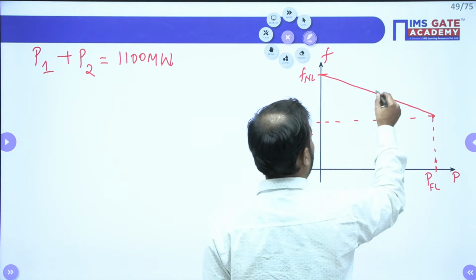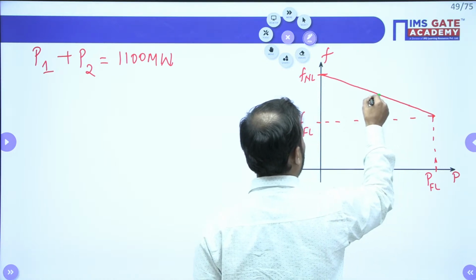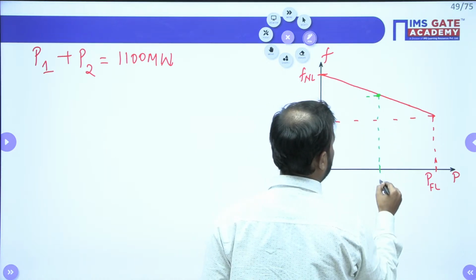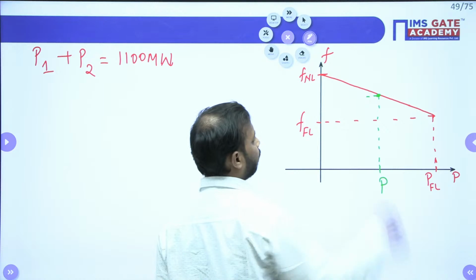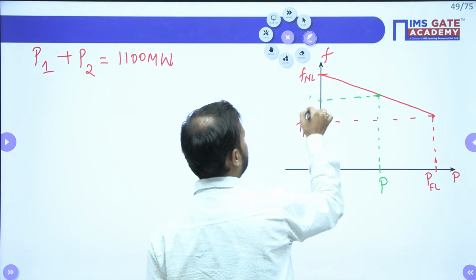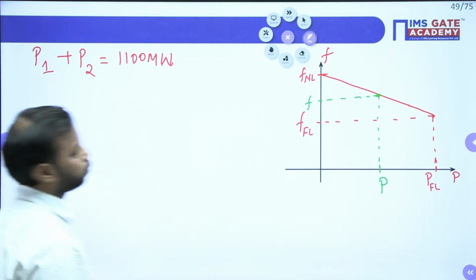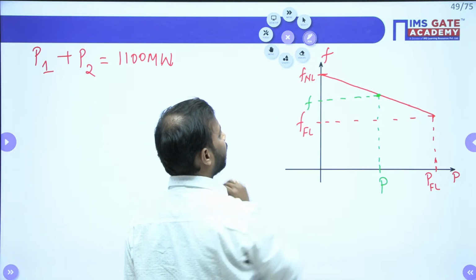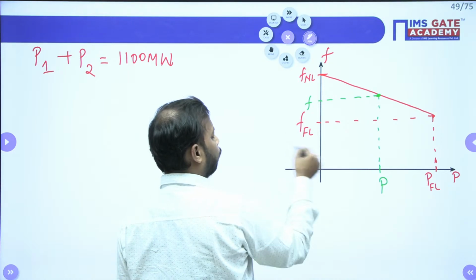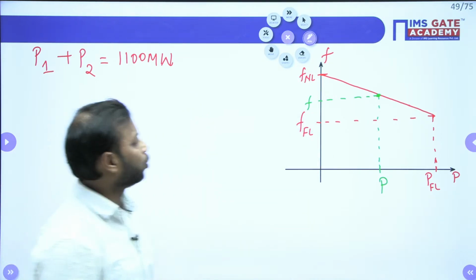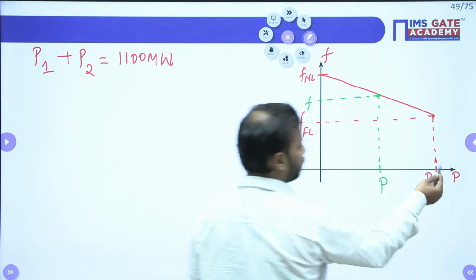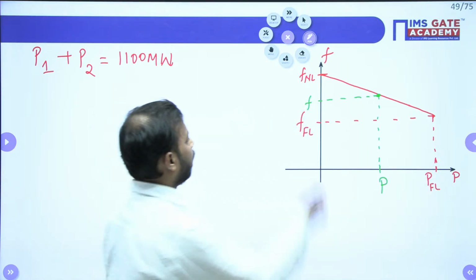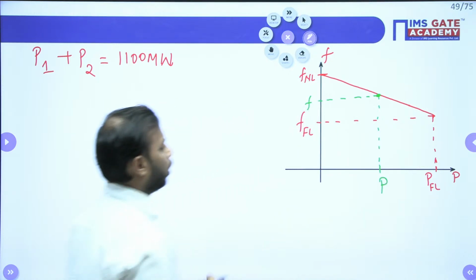Now at this point, this machine is generating a power P at a frequency F. No load frequency is given in the question. Full load frequency is also given. This PFL, full load power, is also given. F and P here are unknown.